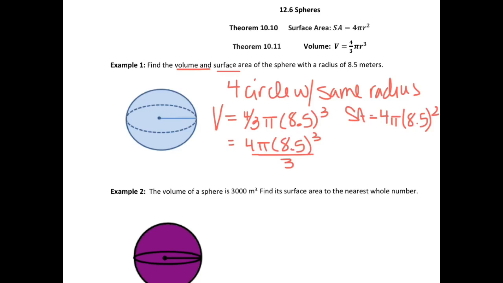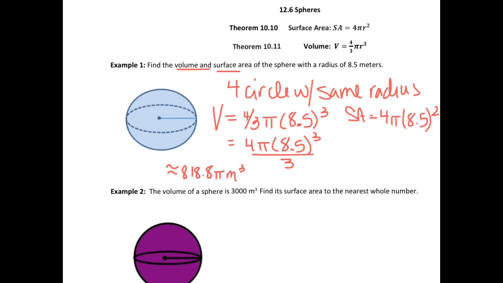So first one, 4 times 8.5 cubed all over 3. So that equals 818.8. So about 818.8 pi meters cubed.